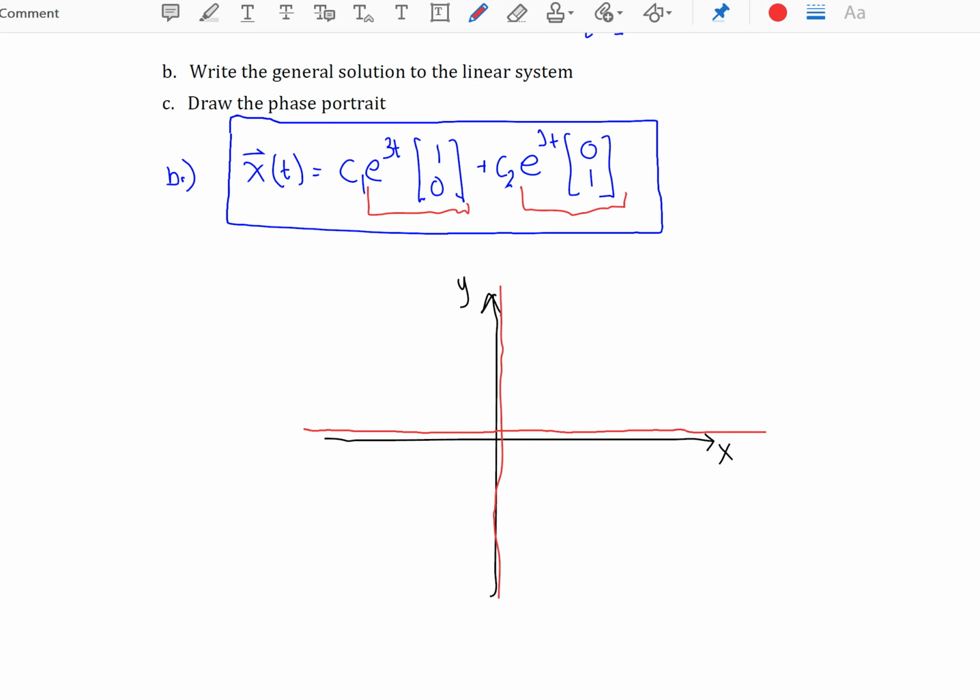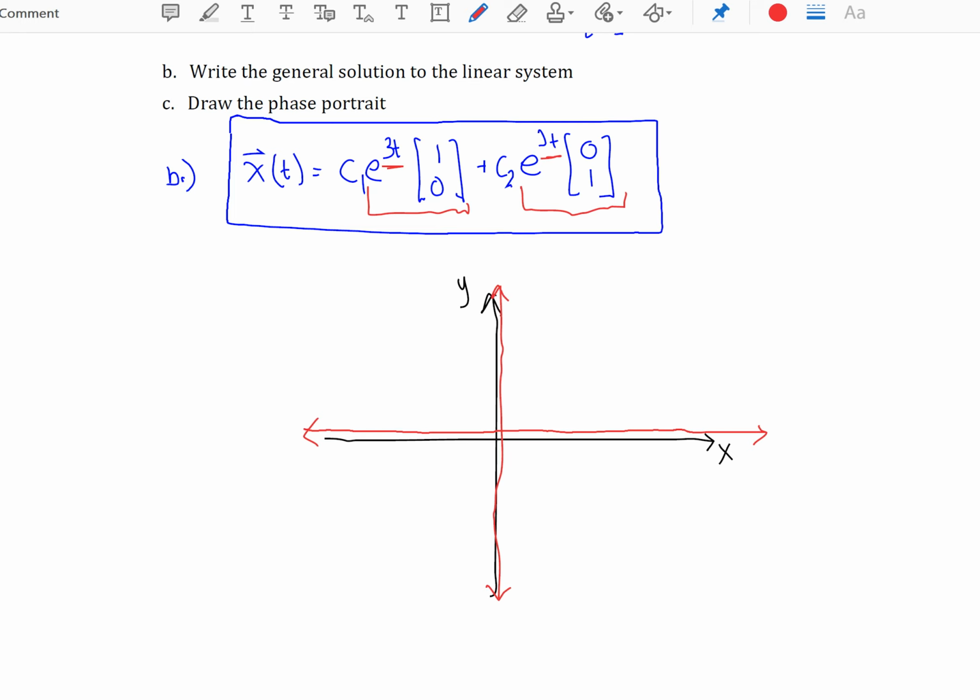And notice that because our eigenvalue is 3 on both of these, solutions are going to tend to move away from the origin. But we picked these two vectors by chance. Remember, every vector was an eigenvector, so we could have picked any other vectors. I just like these ones for simplicity.